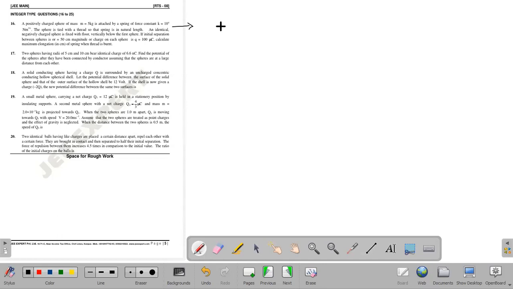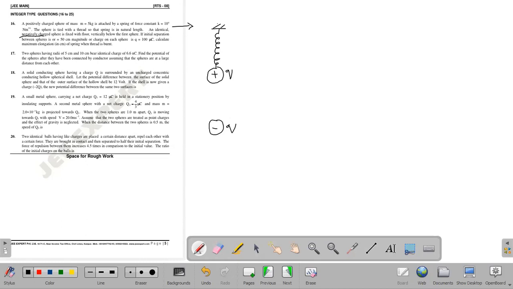Okay, so this is something like you have a vertical spring and a charge at the bottom of that spring, which is a positively charged sphere. There is a plus Q charge. Another minus Q charge is also there, but that minus Q charge is fixed.